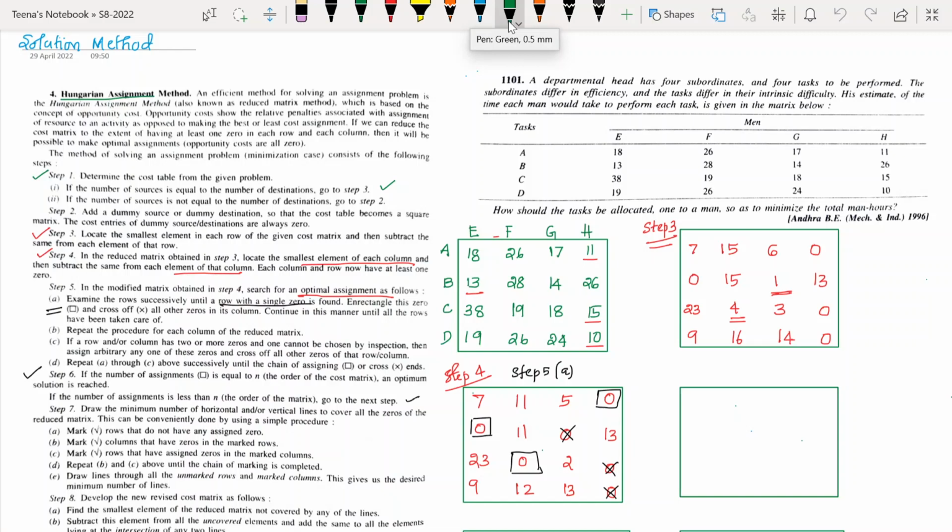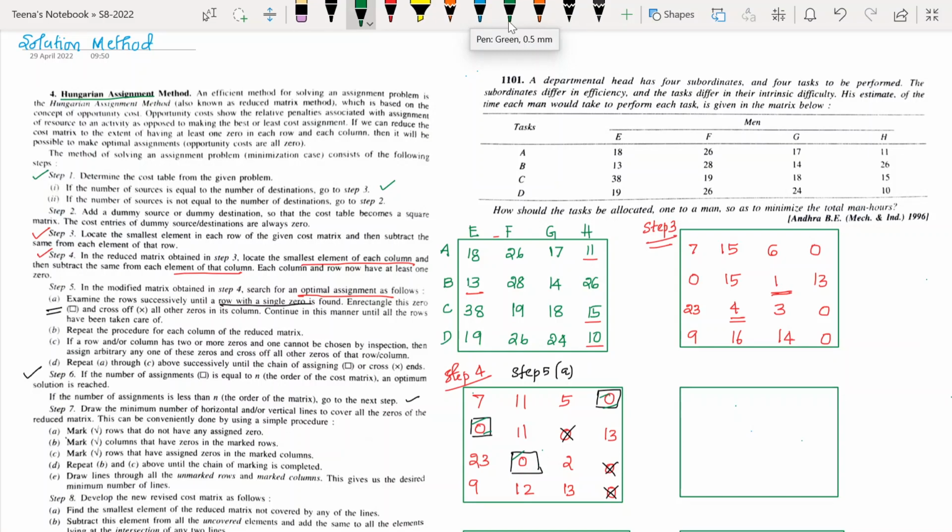For the second row there is an assigned zero. Assigned zero means the zero that is put within that rectangle. There is an assigned zero for the third row. But for the fourth row, there is no assigned zero.